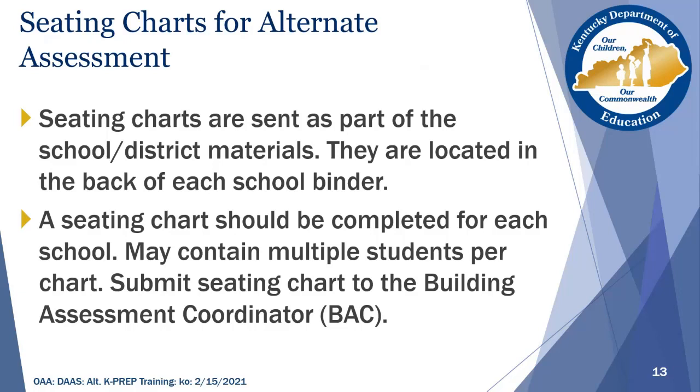Now, if you recall, as we provided in the past, you can have multiple students on one chart form, just as long as you specifically note where the one-on-one assessment administration occurred with that particular student. And then, as noted here, you'll want to make sure that at the conclusion of the testing window, those seating charts make their way back to the building or the district assessment coordinator. And that's based upon how the district chooses to maintain those documents.